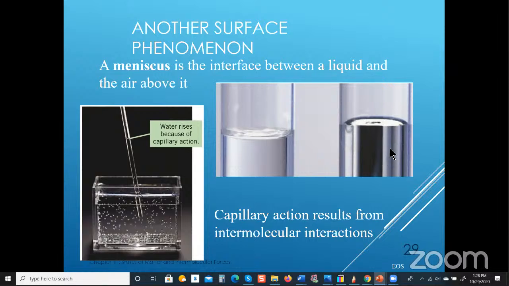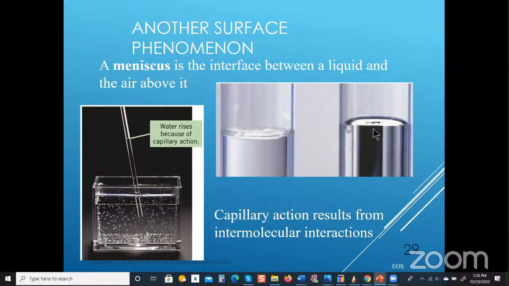The opposite will be true in the case of mercury, where the adhesive forces between the mercury and the glass surface would be less compared to the cohesive forces. And therefore, as a result, the mercury atoms will be pulled closer to below the surface of the mercury. And as a result, this would be the shape of the meniscus in that case, all right?